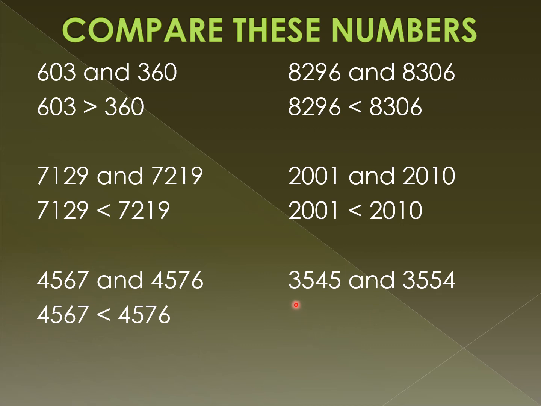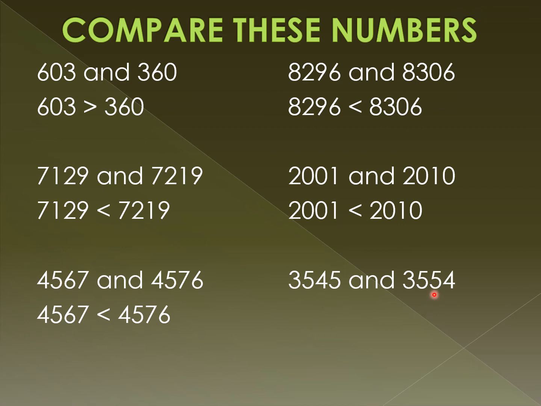Let's go step by step and compare the digits. So we start with the leftmost digit. Here it is 3 and here it is also 3. They are equal, so we move on to the next digit. Here it is 5. Here it is also 5. They are equal, so we move on to the next digit. Here it is 4 and here it is 5.